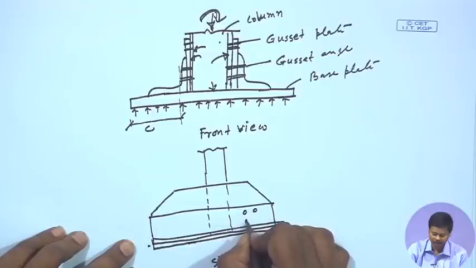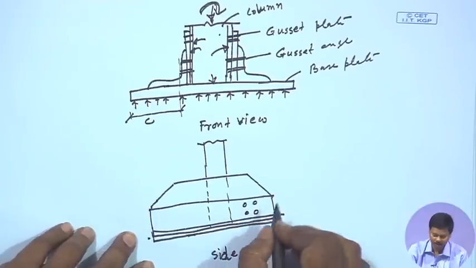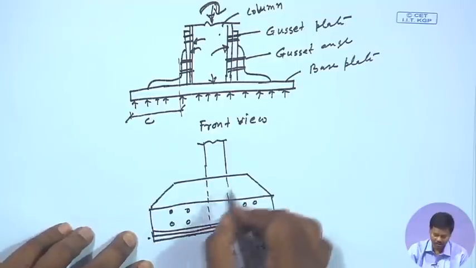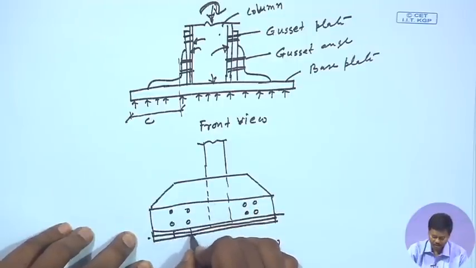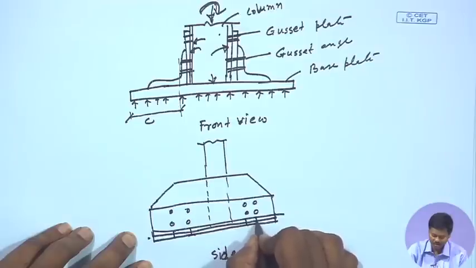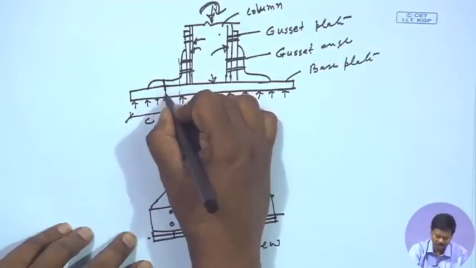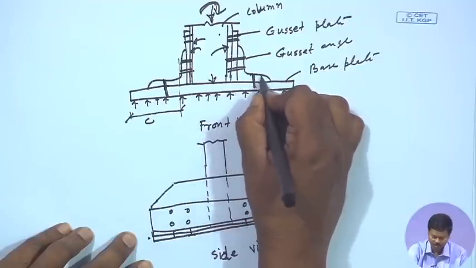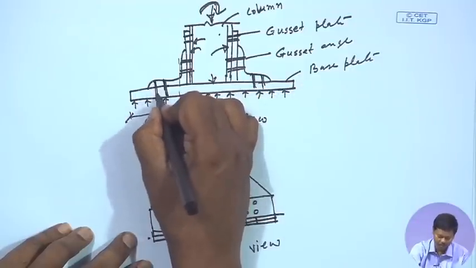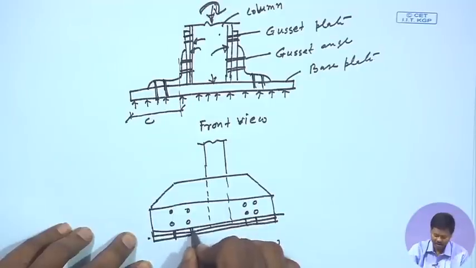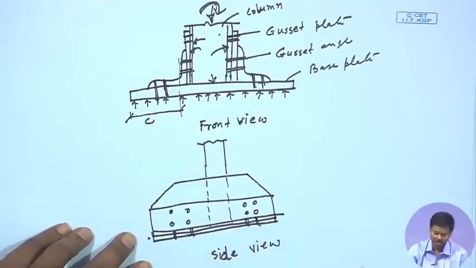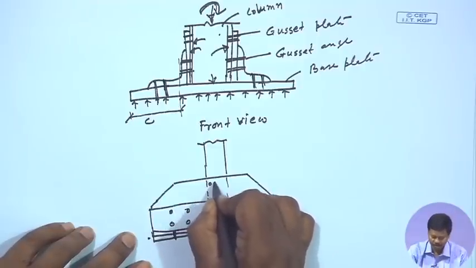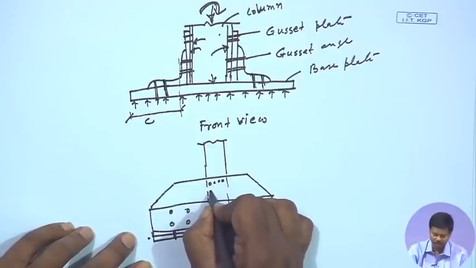So, bolts will be connected here with the angle on both sides, and also bolts will be connected to the gusset plate which is connected here. These are the bolts which are connected. So, if we provide 2 bolts, then 2 bolts are shown here, right, and here also we can provide some number of bolts.